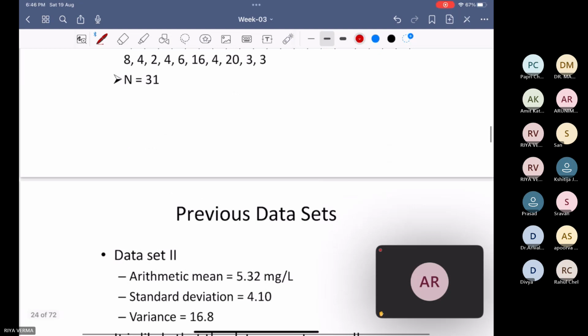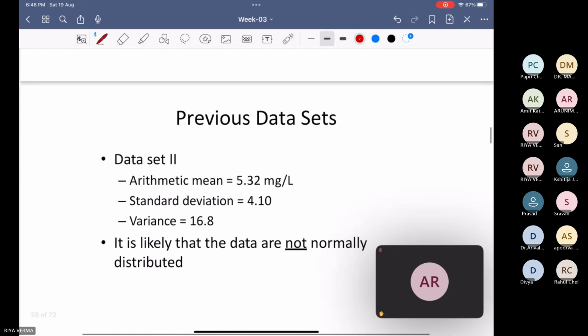Next up, second data set के लिए जो mean था, just a second.